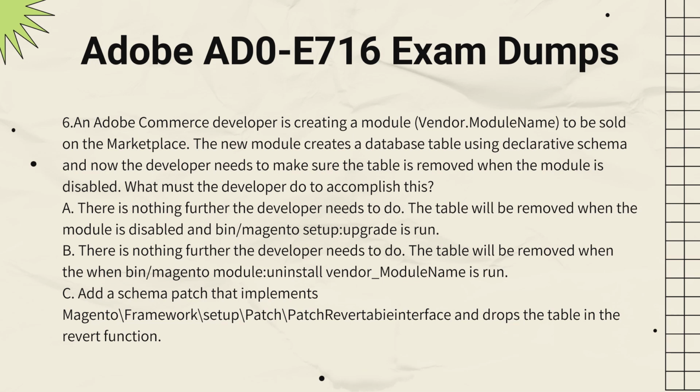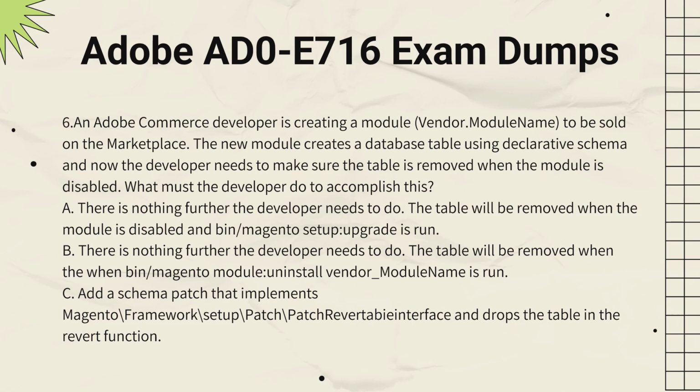The table will be removed when the module is disabled and bin/magento setup:upgrade is run. B. There is nothing further the developer needs to do. The table will be removed when the bin/magento module:uninstall Vendor_ModuleName is run. C. Add a schema patch that implements Magento\Framework\Setup\Patch\PatchRevertableInterface and drops the table in the revert function.